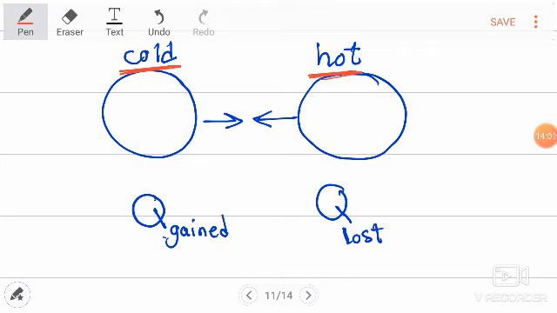For example, if the hot object loses 1,000 joule, the cold object will gain the 1,000 joule, neglecting any loss to the surrounding. So the amount of heat gained equals the amount of heat lost with a negative sign, because this amount of heat is lost and this amount of heat is gained. Here increase and here decrease.